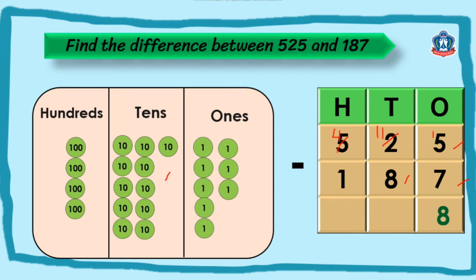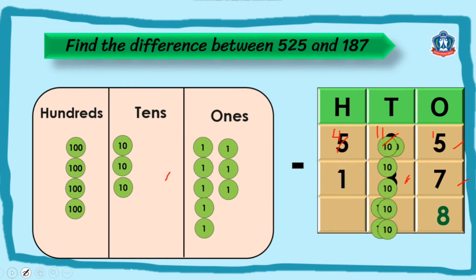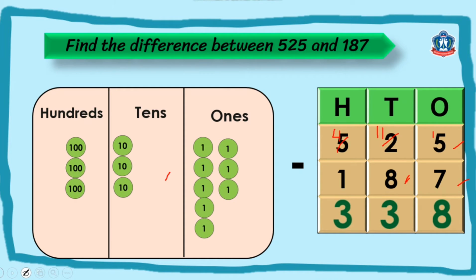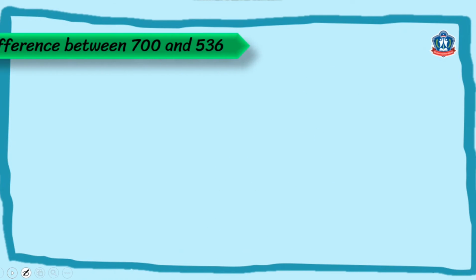So we can take 8 now from 11, and if we take 8, yes, we have 3 tens. Next, we have 400. We will take 100. Yes, and we have 300. So 525 minus 187 is 338.